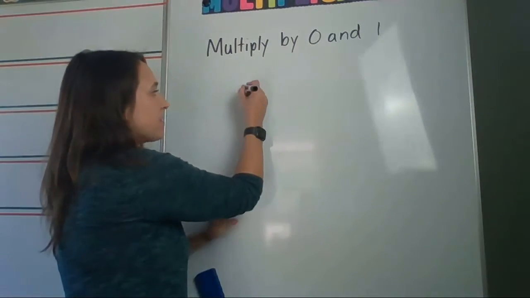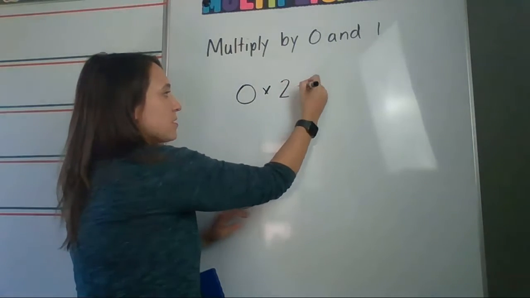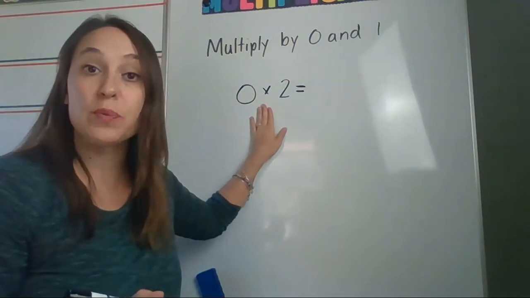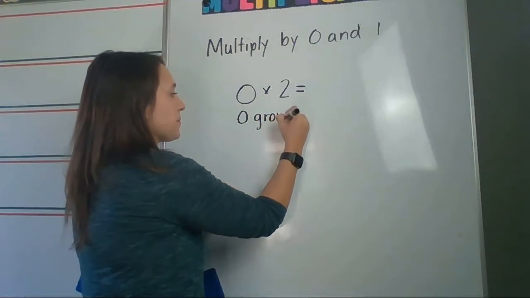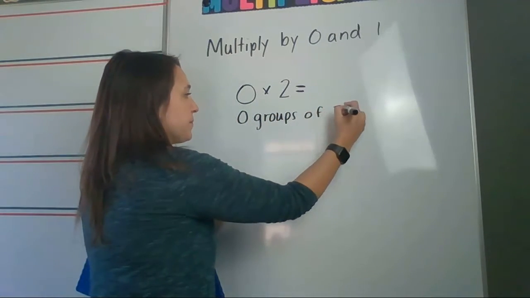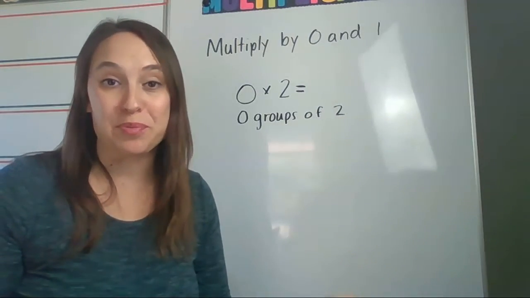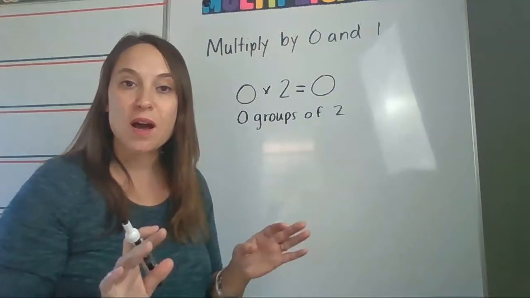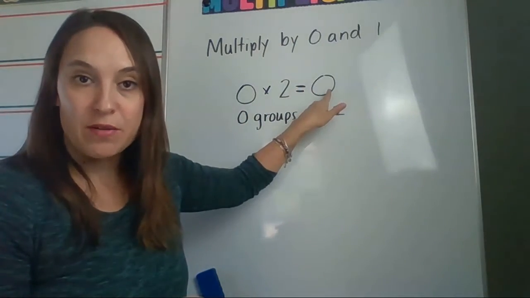We're going to have 0 as a factor and 1 as a factor. Let's think of how we would read this. This would mean 0 groups of 2. Well, if you don't have any groups, you're not able to multiply, are you? No. So your answer is always 0. Anytime you have 0 as a factor, your answer is going to be 0.